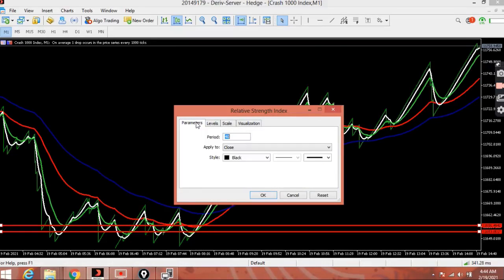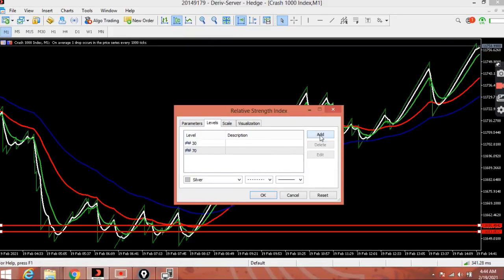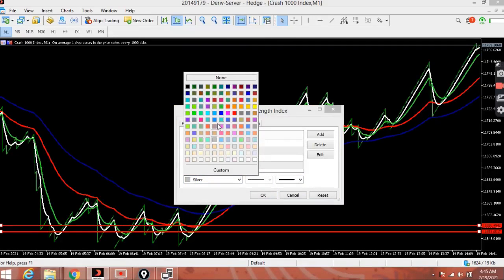So the levels. Let me delete them all. Number 1 is 20. Number 2 is 80. Number 3 is 10, 20. Color, make it red.